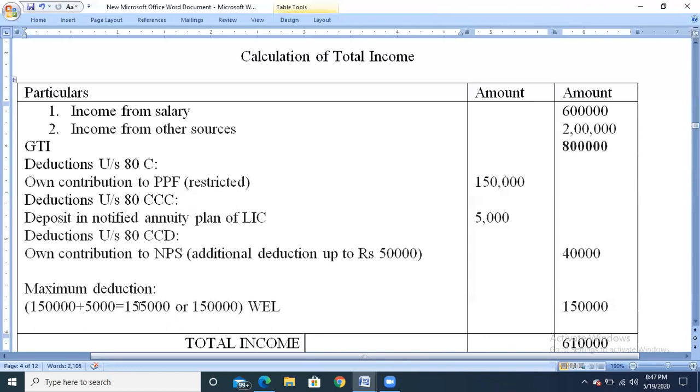So be careful, whenever we are totaling the amounts of all the three sections, the additional deduction and employer's contribution should not be included in the total of the sections. Excluding that, we need to take the amount and compare it with the maximum of 1,50,000, and the lesser amount has to be taken as deduction. So total income is 6,10,000.